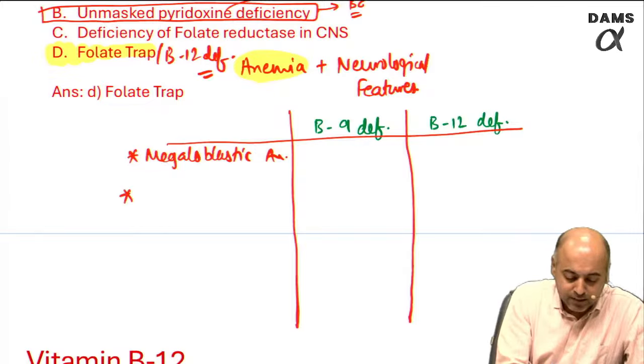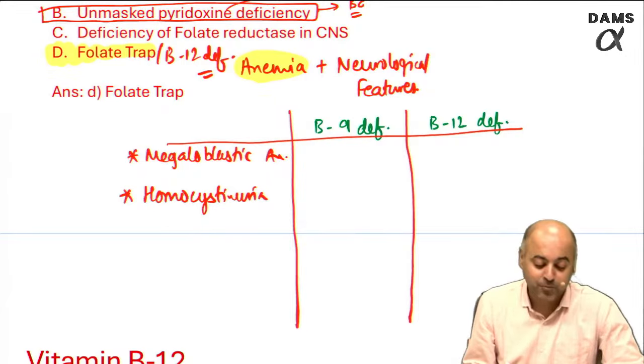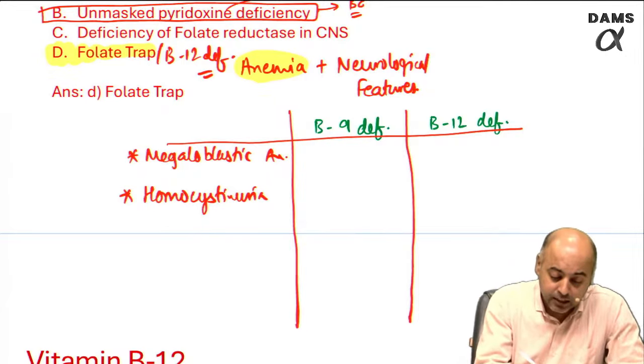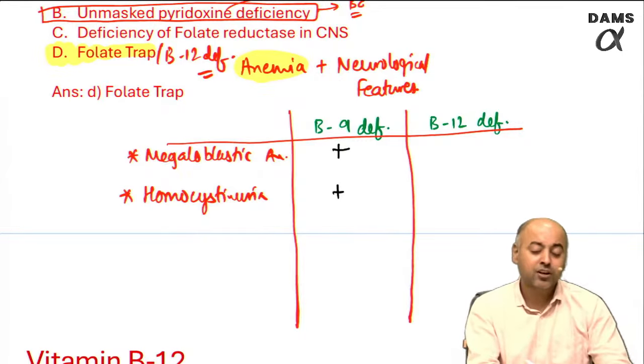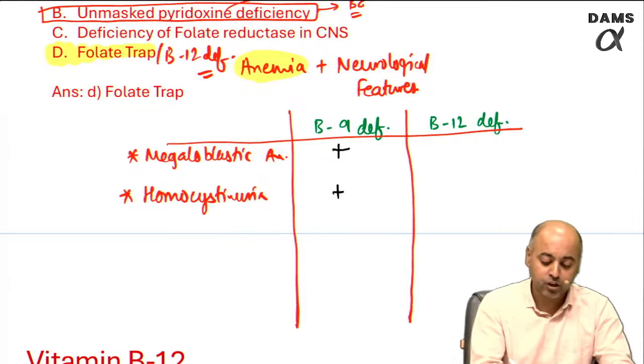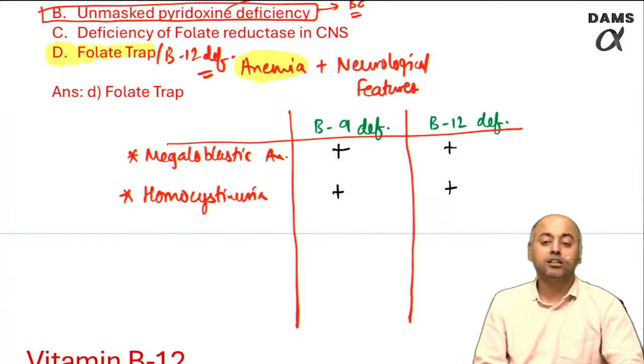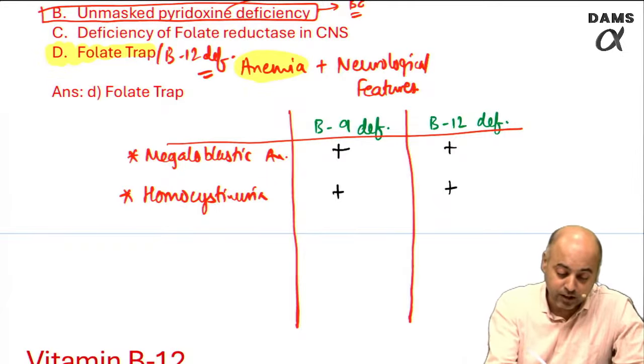Along with megaloblastic anemia, you find the homocysteine levels are elevated. So either homocystinemia or homocystinuria can be there, and in these cases, due to the actual folate deficiency, you will have megaloblastic anemia and homocystinuria, and due to folate trap, the same features will be seen in the B12 deficiency as well.